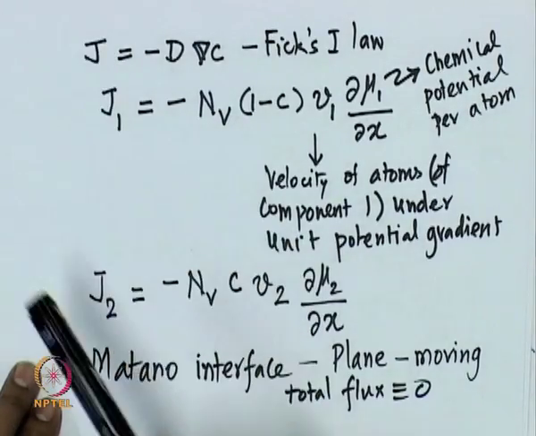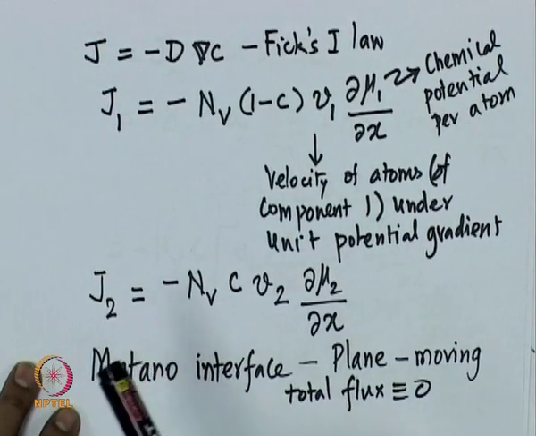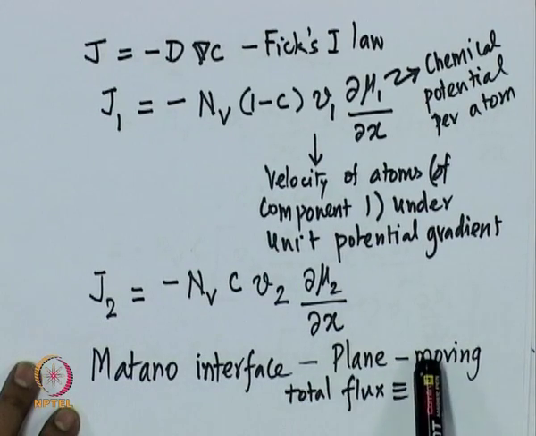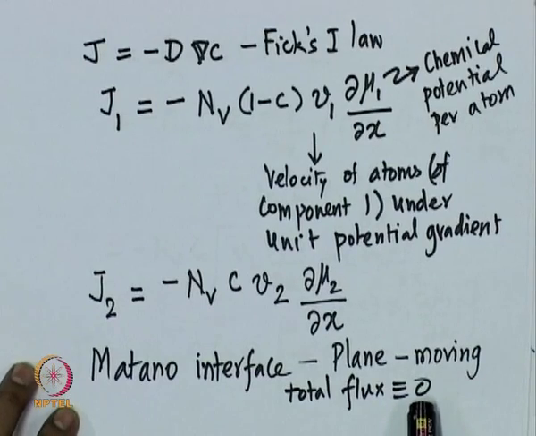This J is a flux which is defined with respect to what is known as a Matano interface. What is a Matano interface? A Matano interface is a moving plane, defined by the condition that the net flux across that plane is 0.